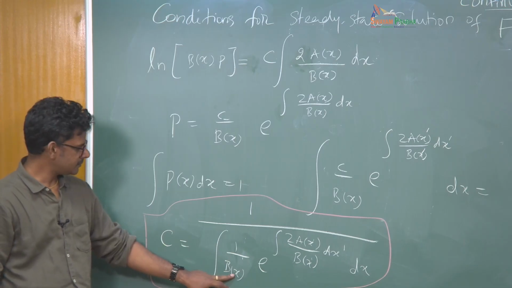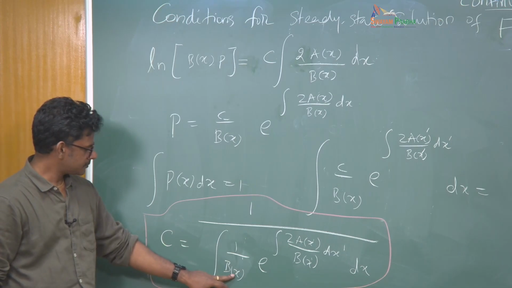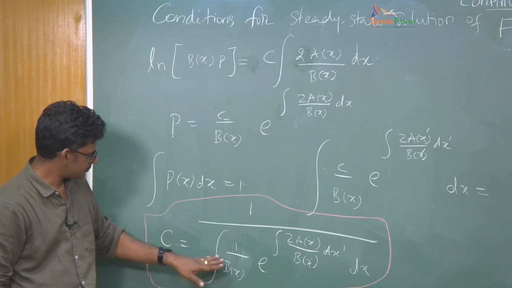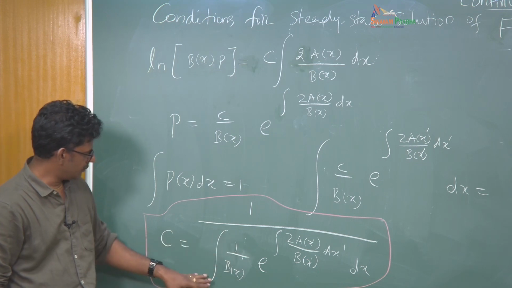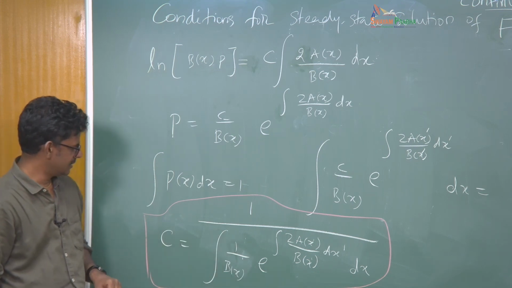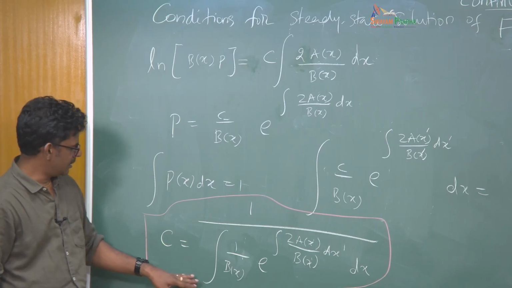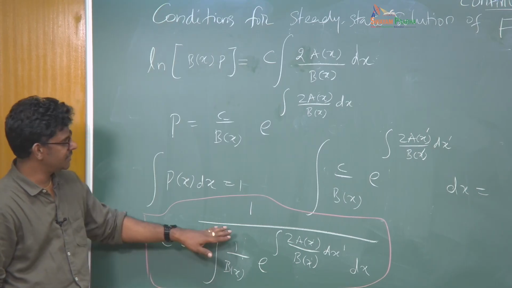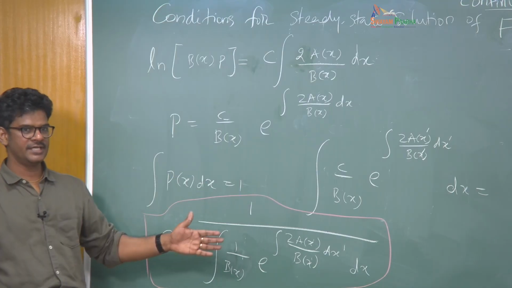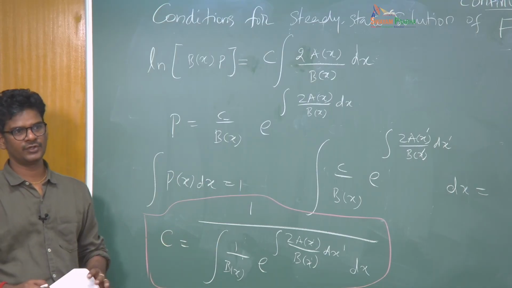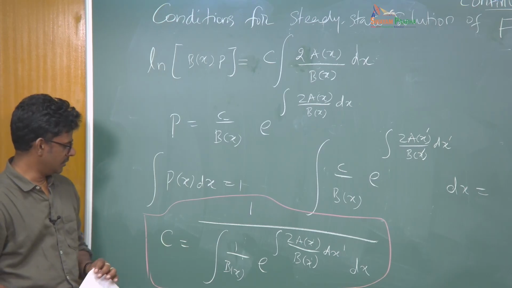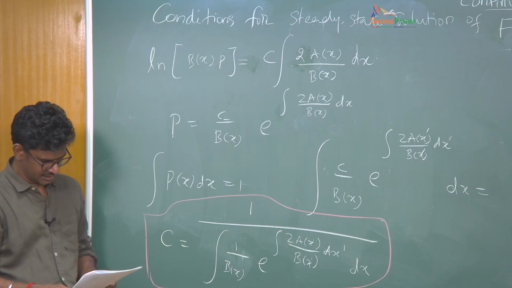Then you get the integral of just dx, going from minus infinity to plus infinity, because in the Wiener process the range of x is from minus infinity to plus infinity.